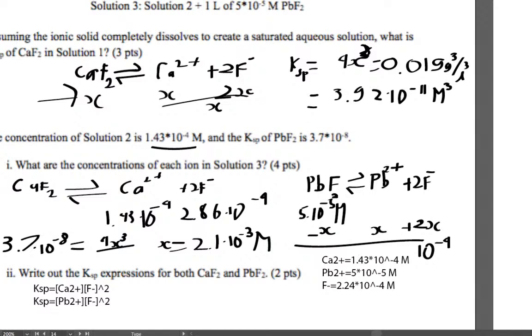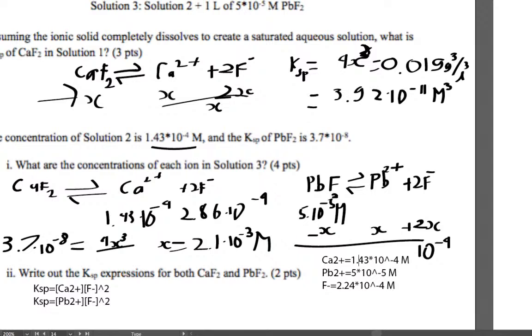So that 1.43 times 10 to the power of negative 4 is for 3 liters. To find out how much it is at 4 liters, you just need to multiply that by 3 and then divide it by 4.